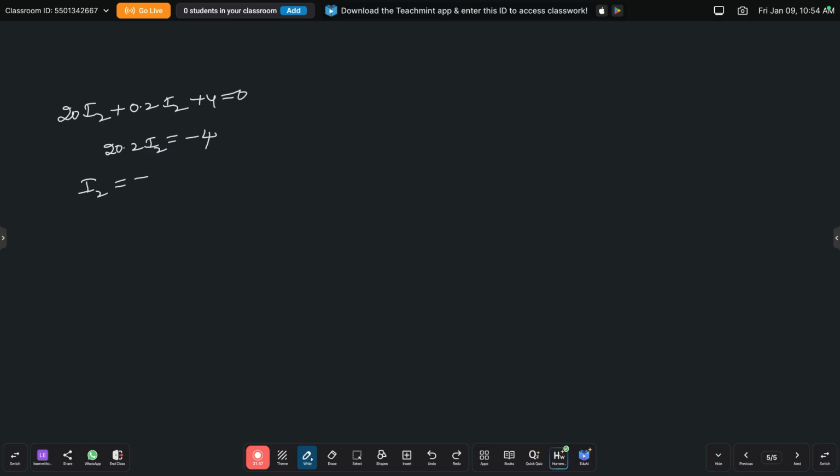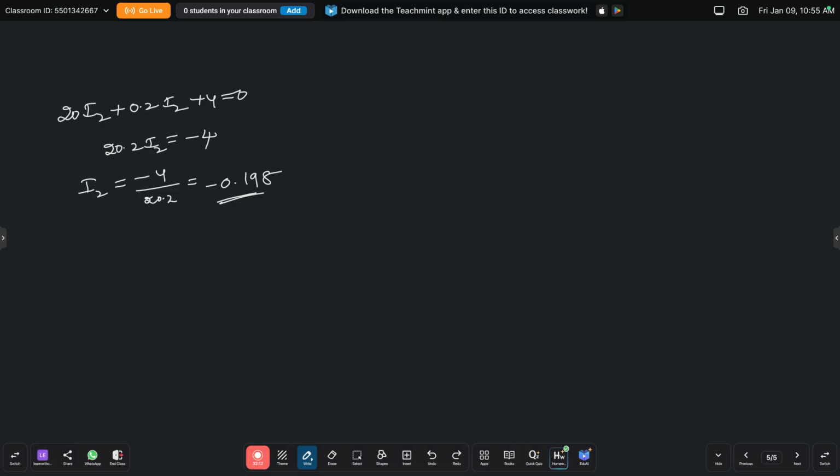Therefore I2 is equal to minus 4 by 20.2. What is the value of minus 4 by 20.2? Minus 4 by 20.2 is equal to minus 0.198. So we get both the currents in loop 1 and loop 2, that is I1 and I2.